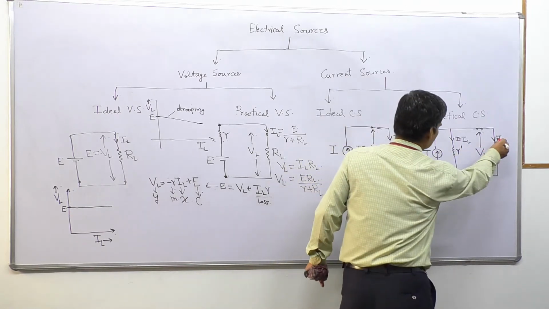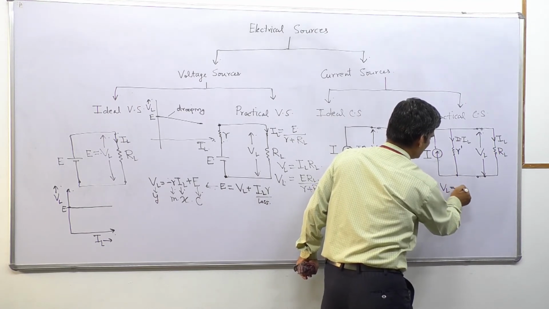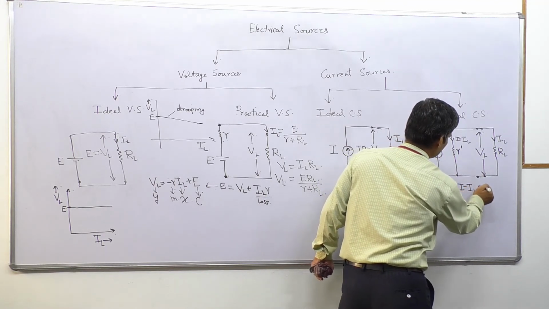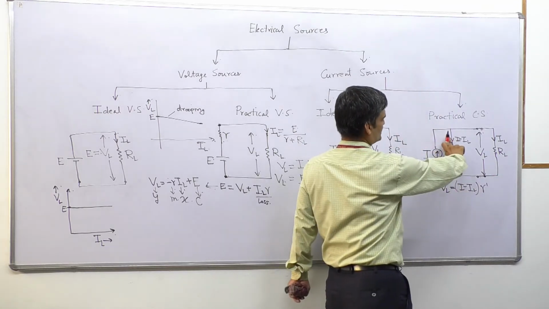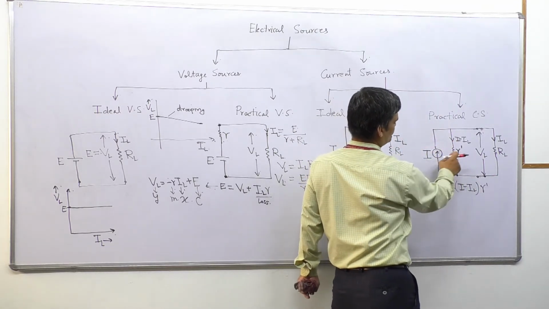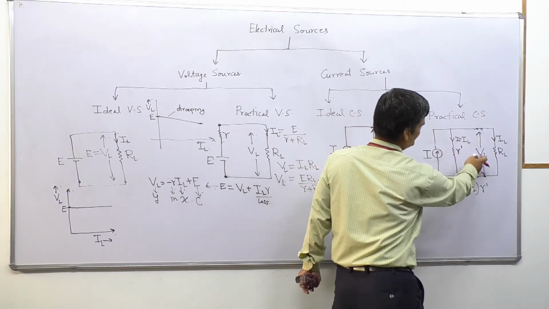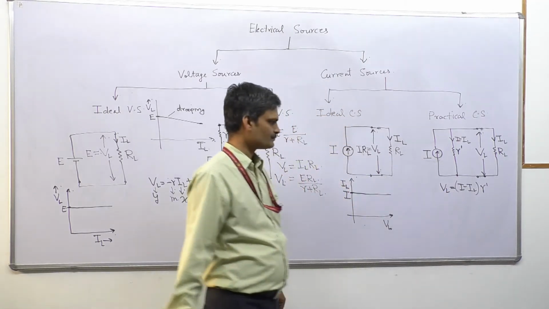So now we can write VL is equal to (I minus IL) into R dash. The value of voltage across this is VL and the current flowing is I minus IL. So VL is equal to this current multiplied by resistance R dash.